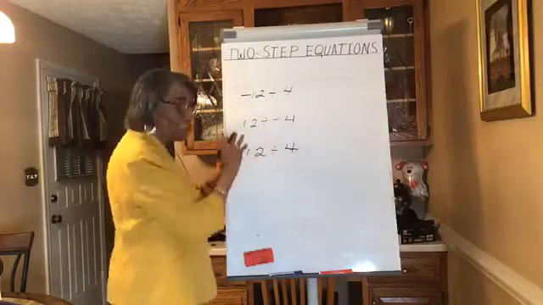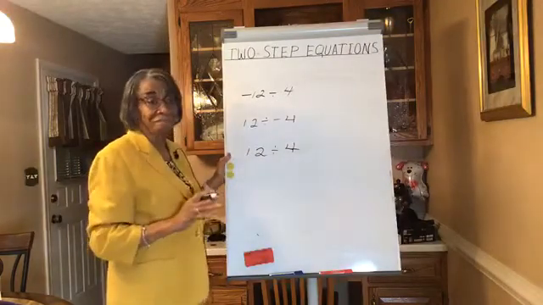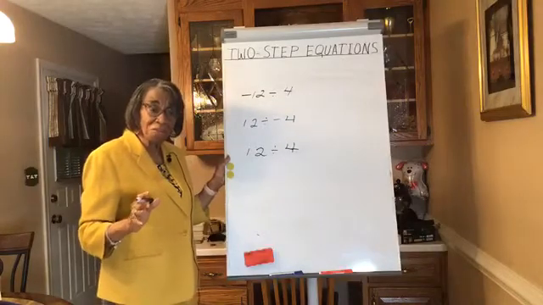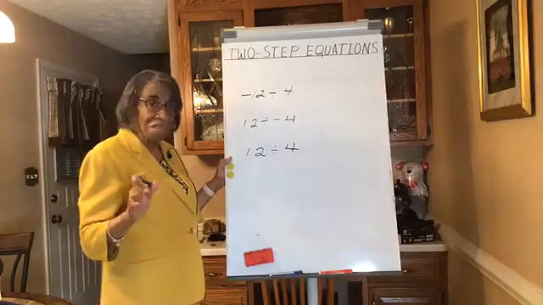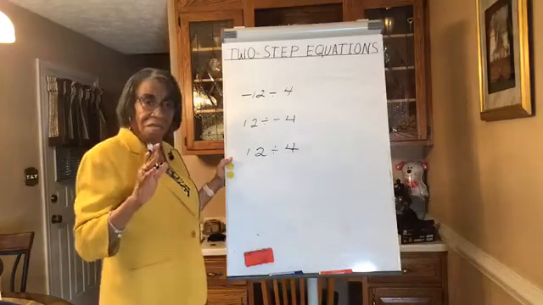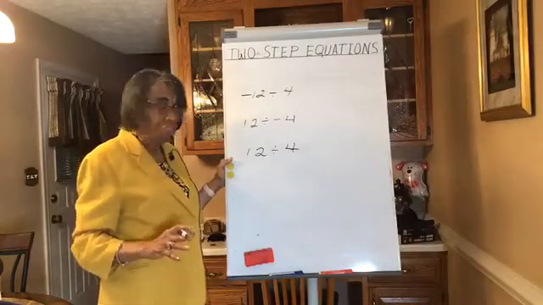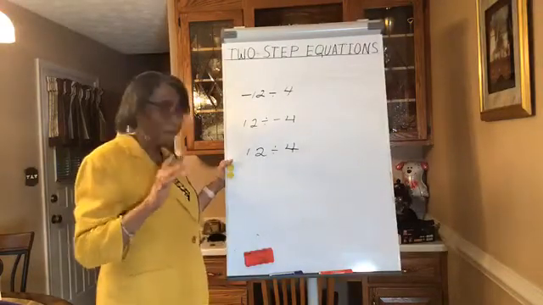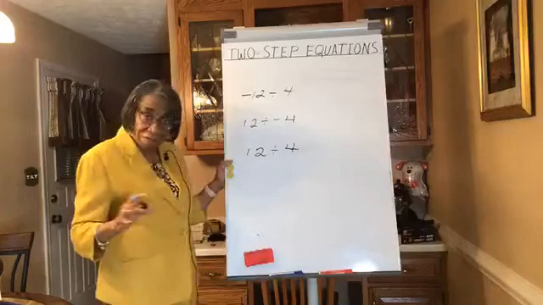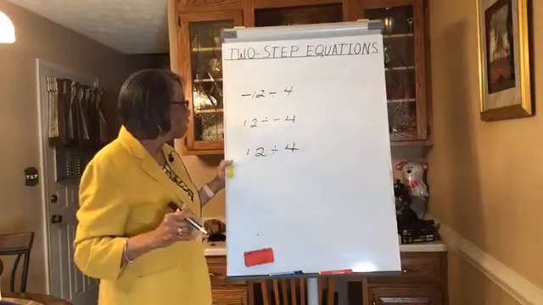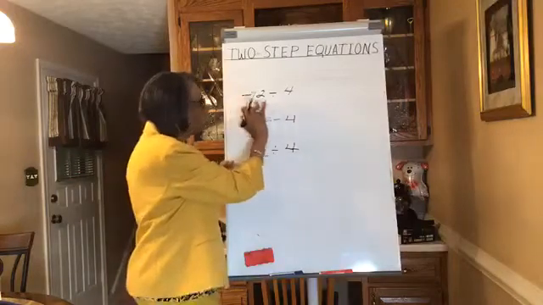All right, if you know how to multiply, the signs work the same in multiplication and division. When the signs are alike, then the quotient is positive. When the signs are not alike, then the quotient is negative. All right, let's look at it another way.